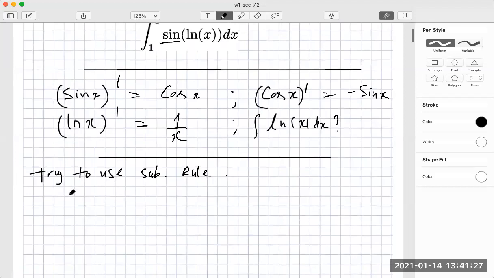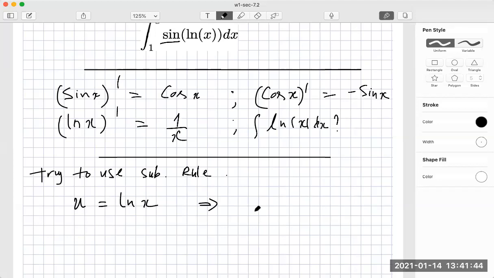In substitution, we define a new variable, right? Let us call it u to be what? Beautiful. Very good. ln of x. Therefore, we need the relative change of x and u, right?